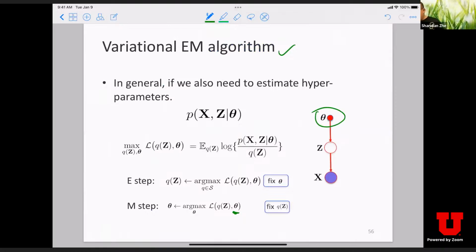In the E step, given θ and the current variational parameters, you compute your approximate posterior, in whichever form you choose. In the M step, you maximize the evidence lower bound both in θ and also the variational parameters together. So this is a more general framework called the variational EM algorithm.